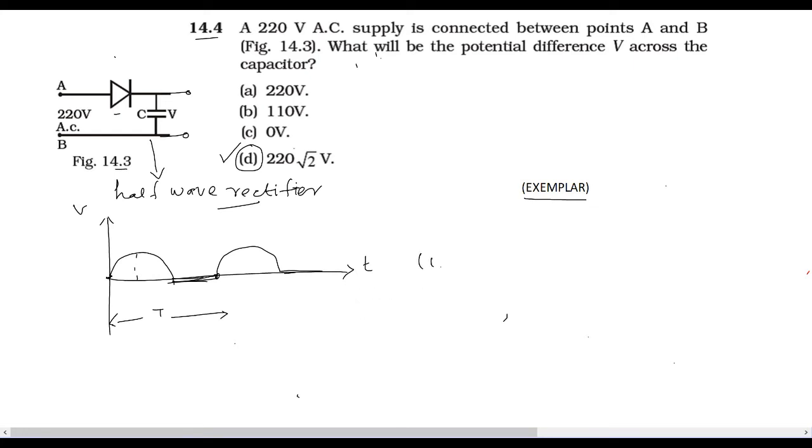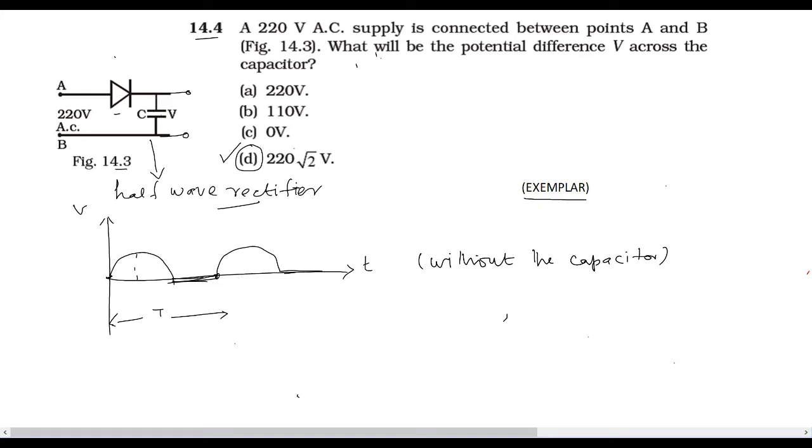That means it is not filtered by the capacitor.